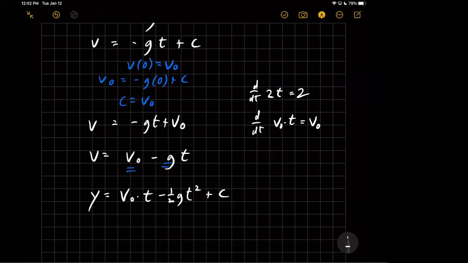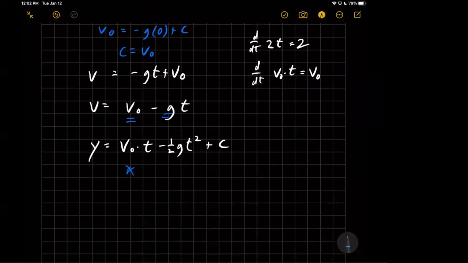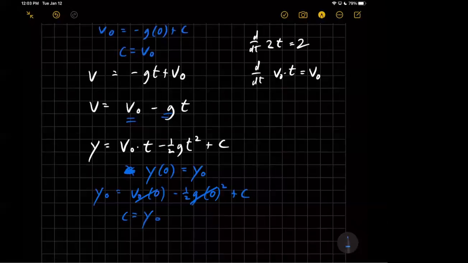And we'll add on the constant to give all possible solutions. Now remember, we're looking for the solution where y at time 0 is equal to y naught. So substitute in: y naught is equal to v naught times 0 minus 1/2 g times 0 squared plus c. You can see the first two terms go away, and c must be y naught.